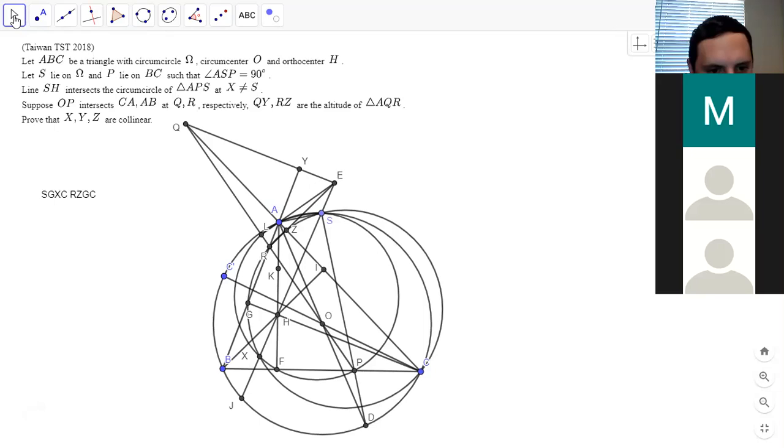LAB is RZX. Or we could just try to show ZX bisects AH and so does YZ.